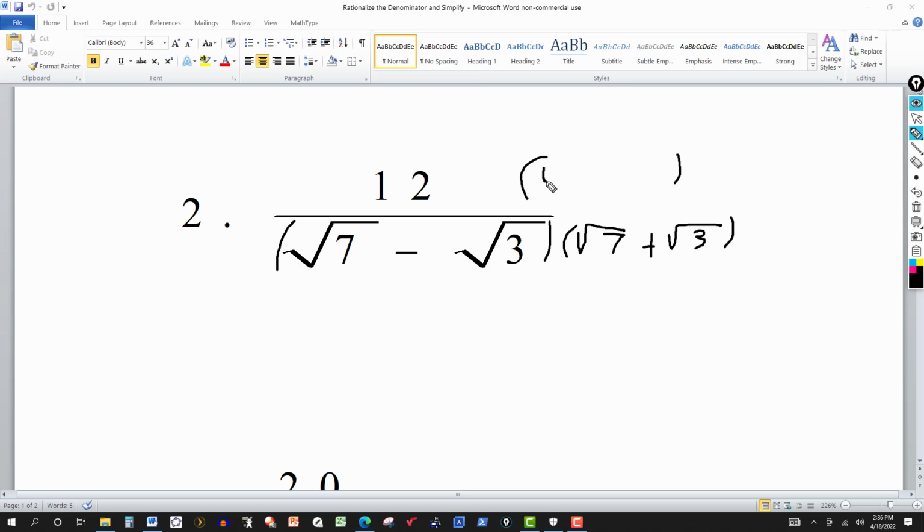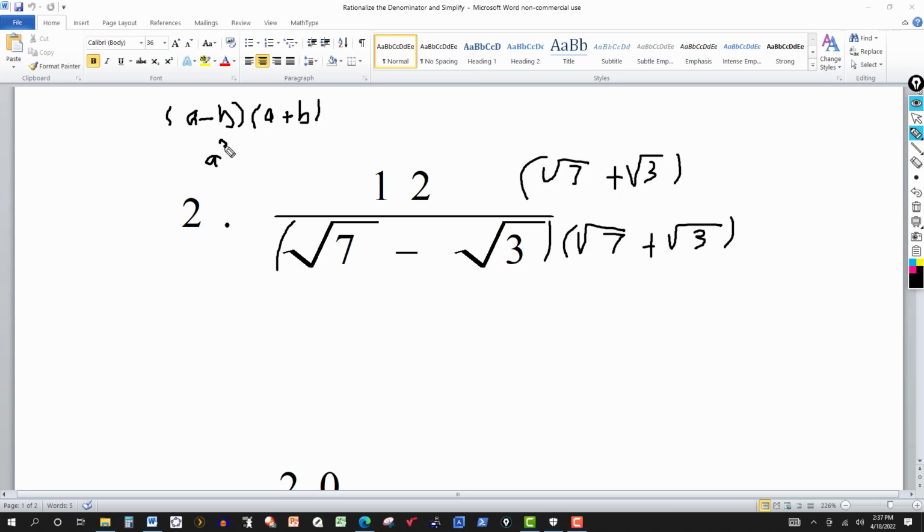So this then will be the square root of 7 plus the square root of 3. Now had this been a plus here instead of a minus, then I would make this a minus. In other words, I want to use the fact that if I have the difference and the sum of the same two terms, in this case a minus b, a plus b, gives me the difference of the squares.